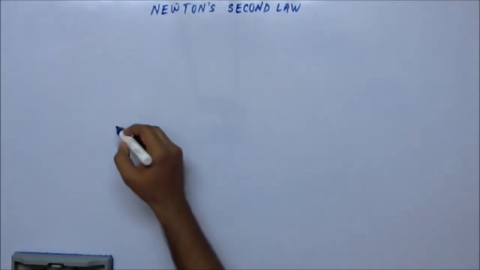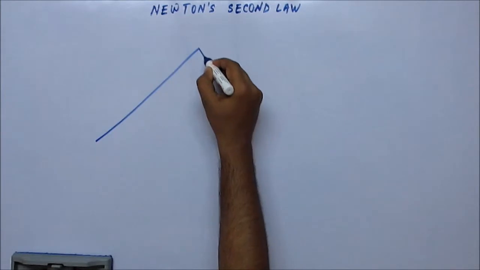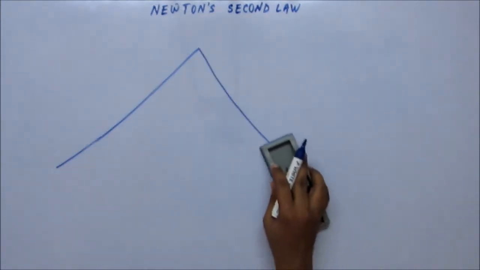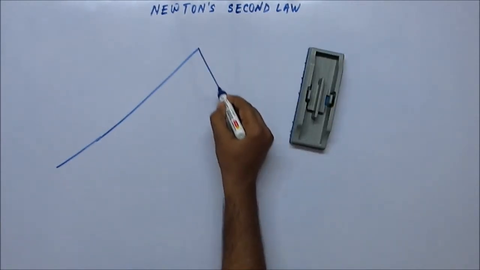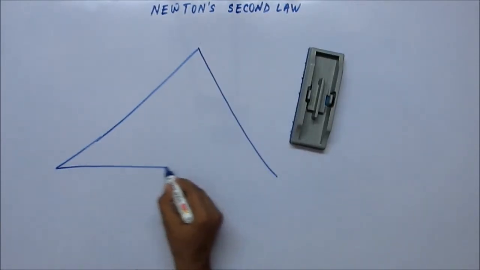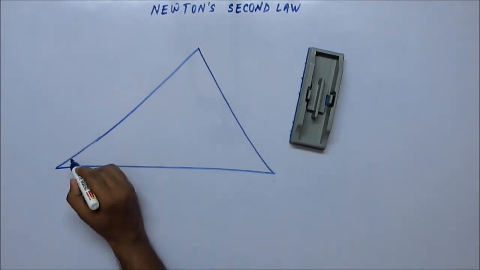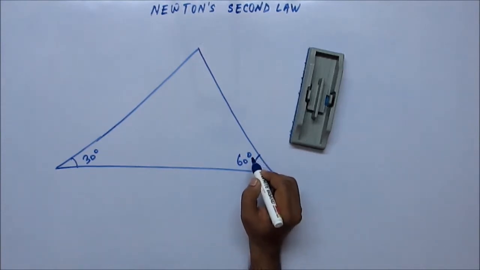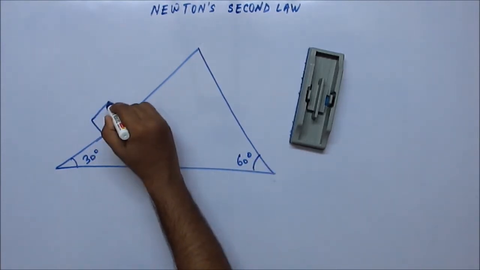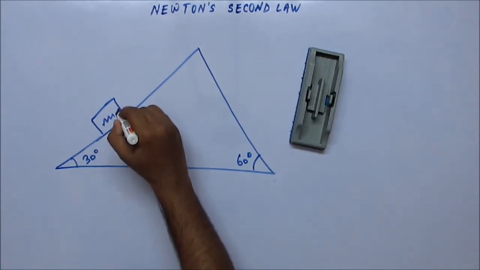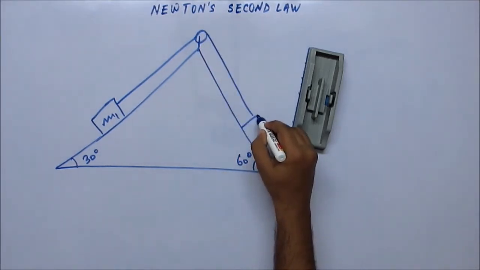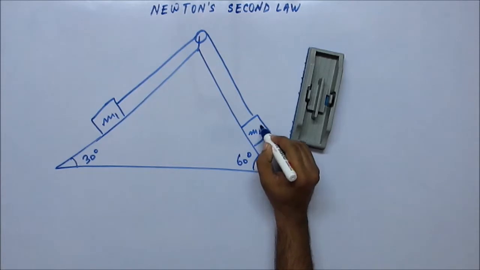Now let's solve a relatively interesting problem. This is 30 degree, suppose this is 60 degree, there's a block M1, M2.